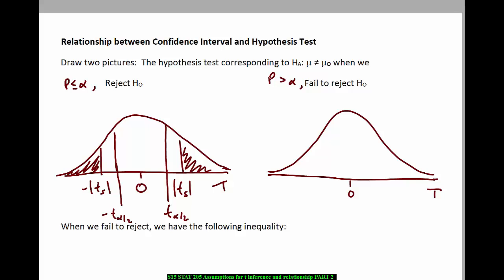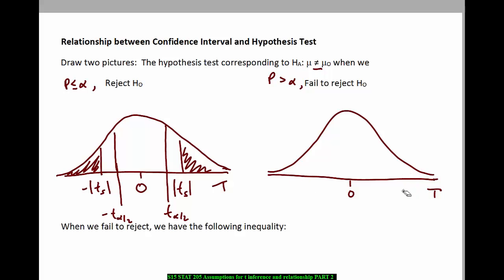In this case, the p-value, since we have a not equal to alternative hypothesis, is still going to be the area to the left of the negative version of the test statistic plus the area to the right of the positive version of the test statistic. But this time, the p-value region, I should have drawn that a little bit bigger.